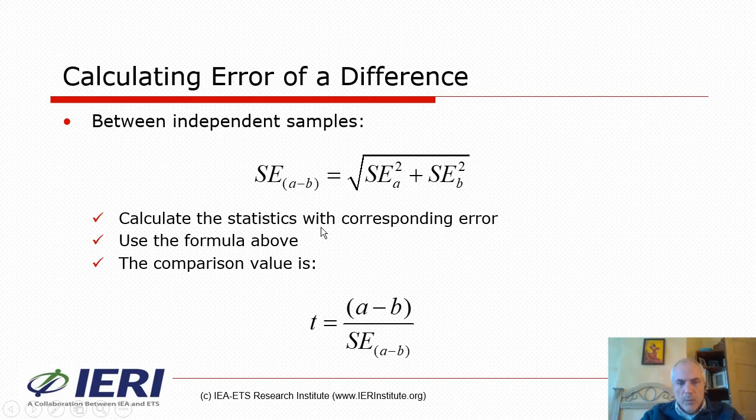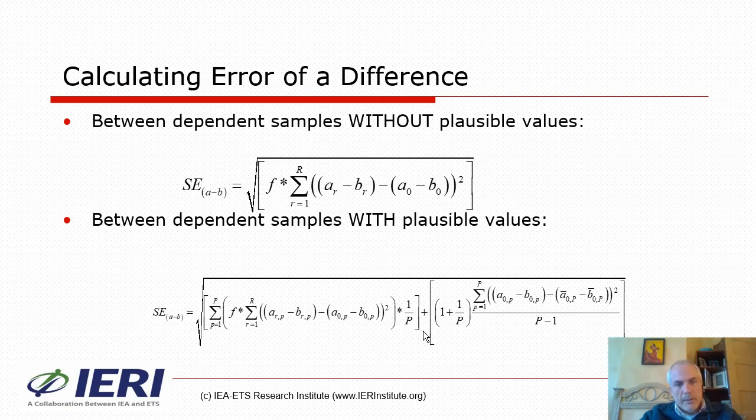And then we calculate the statistics with the corresponding error, use that formula for the error, and we get the t-test that ends up being the difference between the two statistics divided by the standard error of that difference. So this ends up being relatively simple. Again, this is for independent samples.